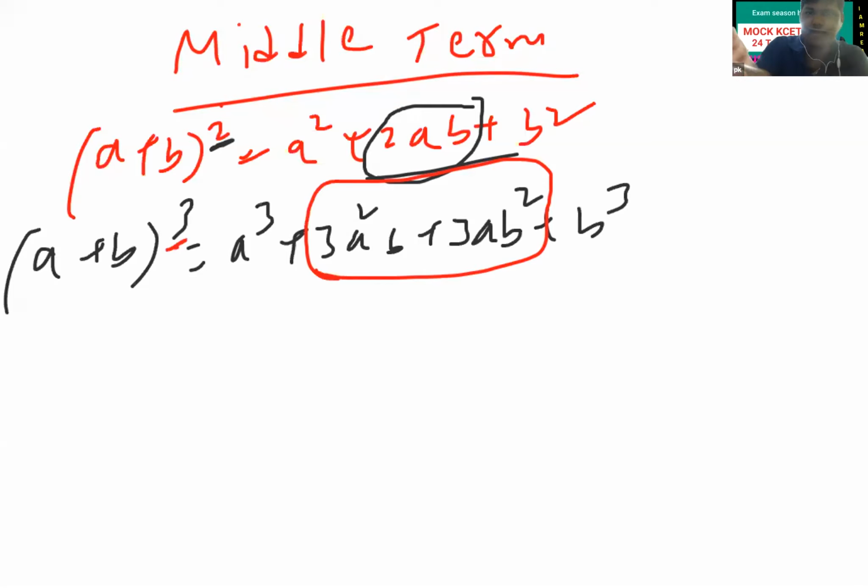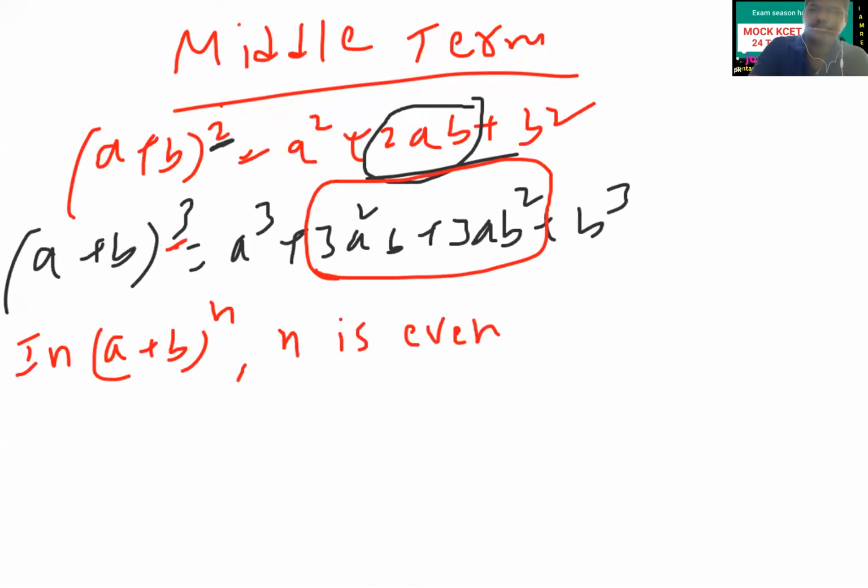What is the formula? In a plus b whole power n, comma, n is even, middle term, mt means middle term is equal to n by 2 plus 1th term.